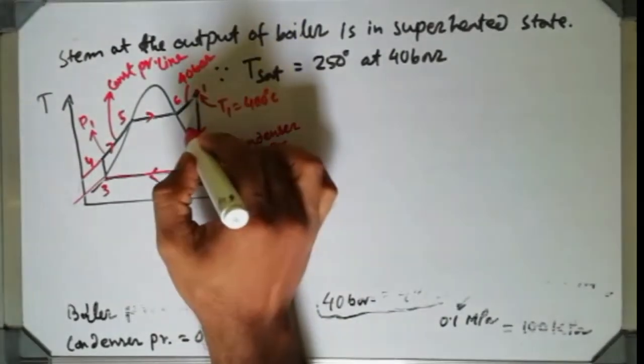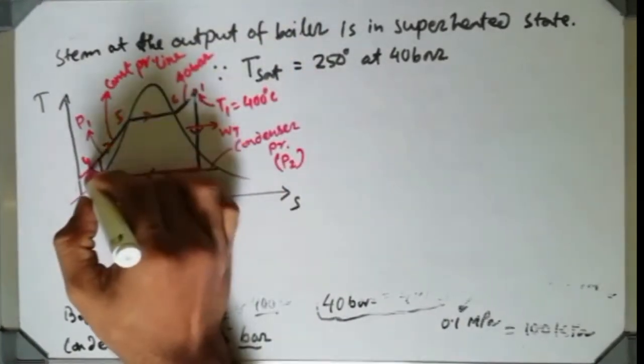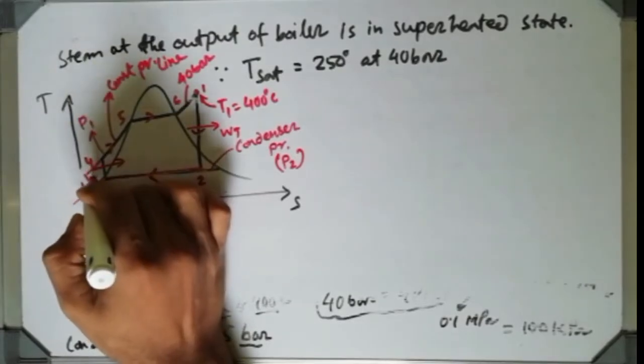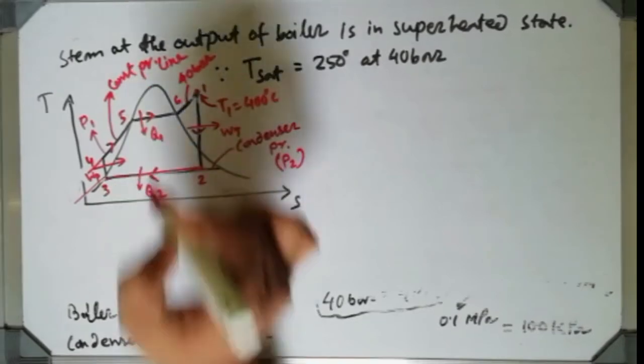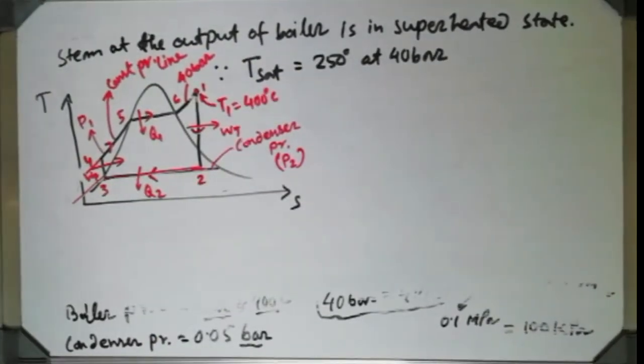Understood? Here is the turbine work WT, here the pump work consumed WP, here the heat rejection Q2, and heat supplied Q1.